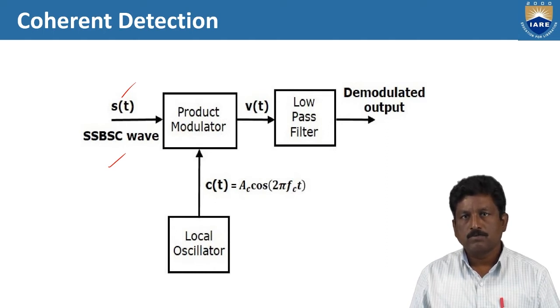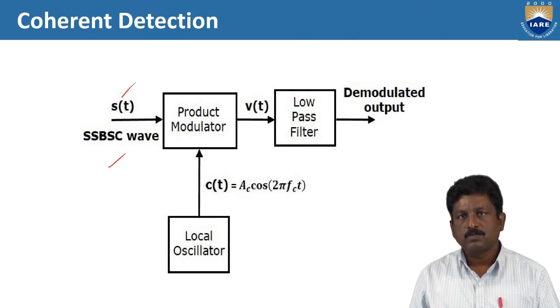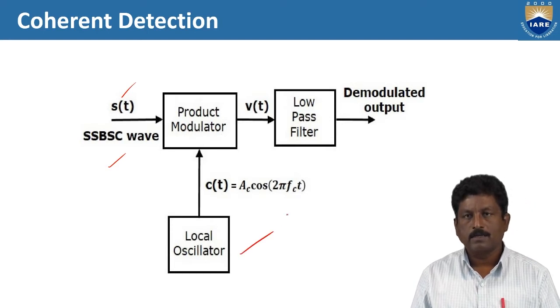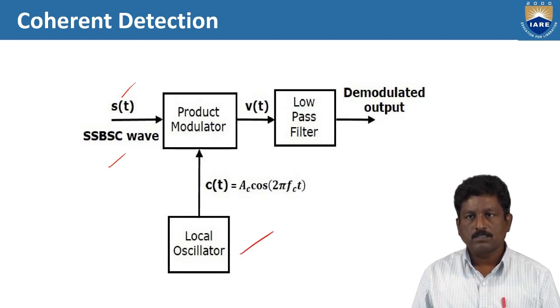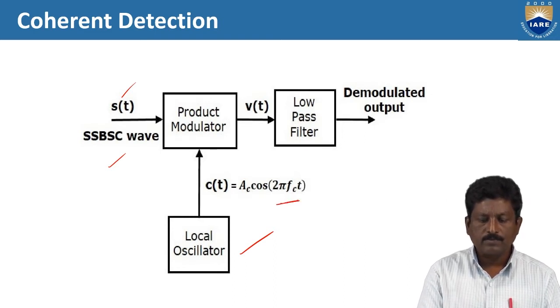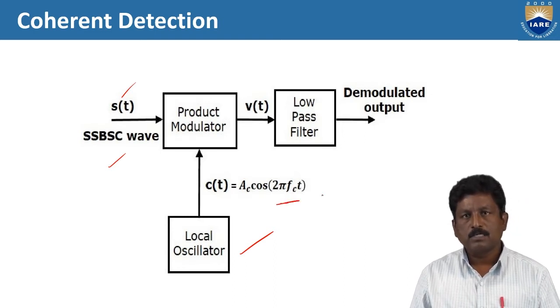Already you know what coherence is: the frequency and phase are in phase. The frequency used at the carrier side, that means the transmit side, is what we use locally. Here we use a local oscillator which generates the carrier Ac cos 2 pi fc t, with the frequency fc. Similarly, at the transmit side there is a modulator.